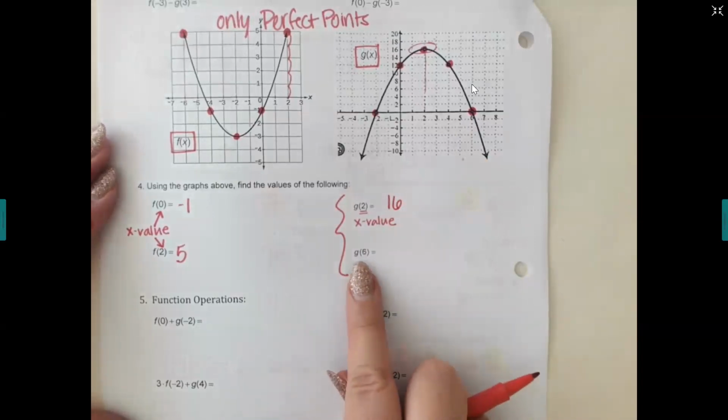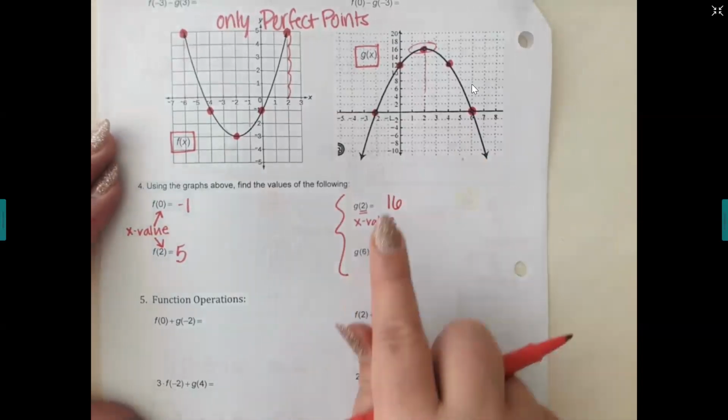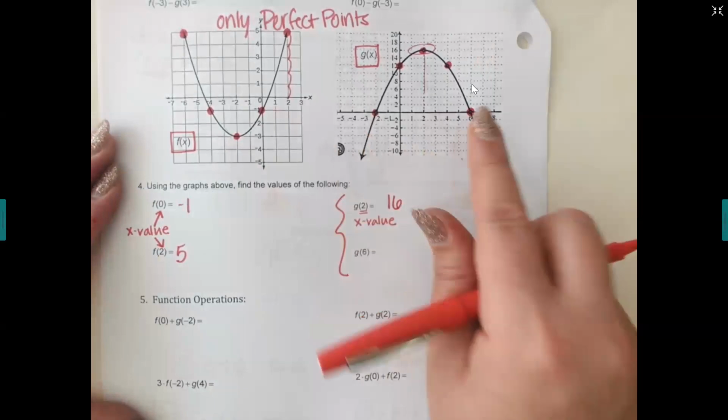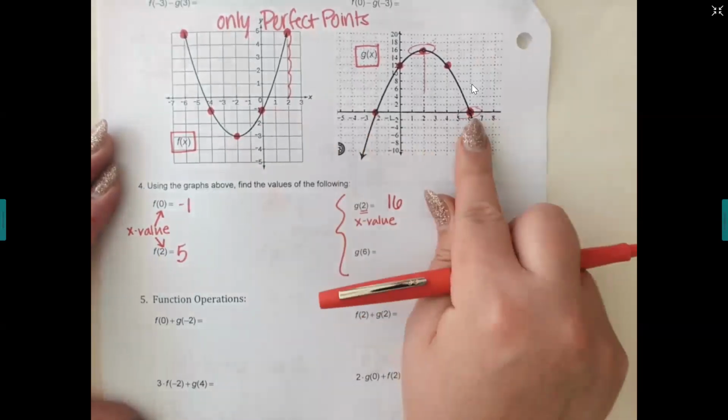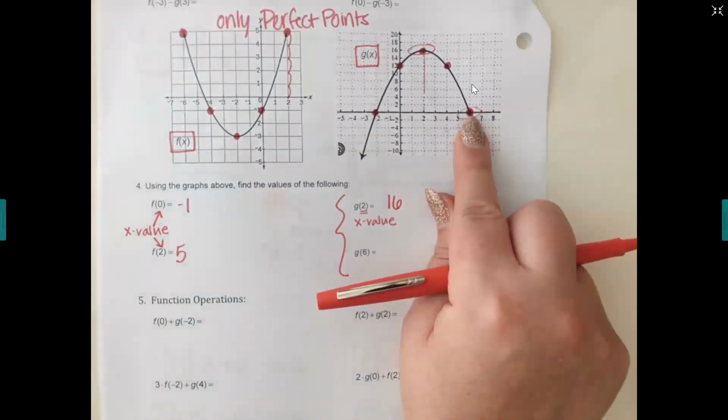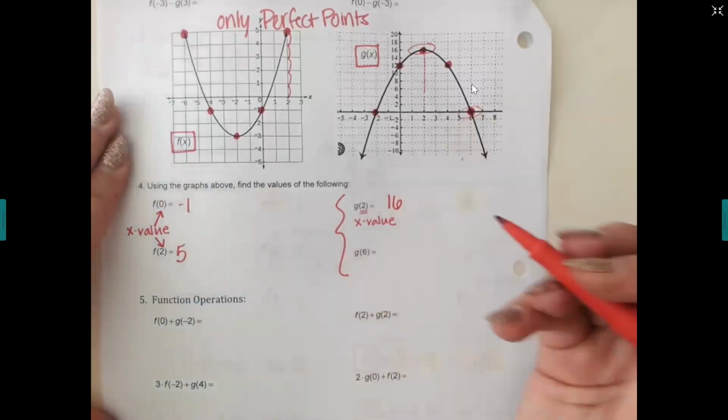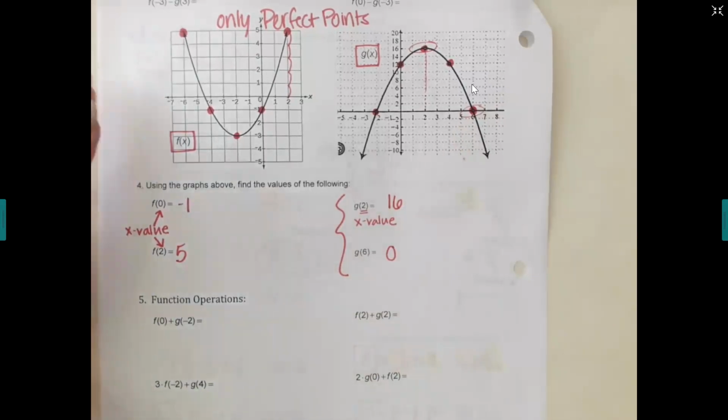Then for the next one, we want g of 6. So we're going to go over to 6 here. And notice that I'm going to stay right there on the x-axis. I'm not going to go up or down, that means 0. So that would be 0, because you're not going up any boxes, you're not going down any boxes, you're staying right in the same spot.